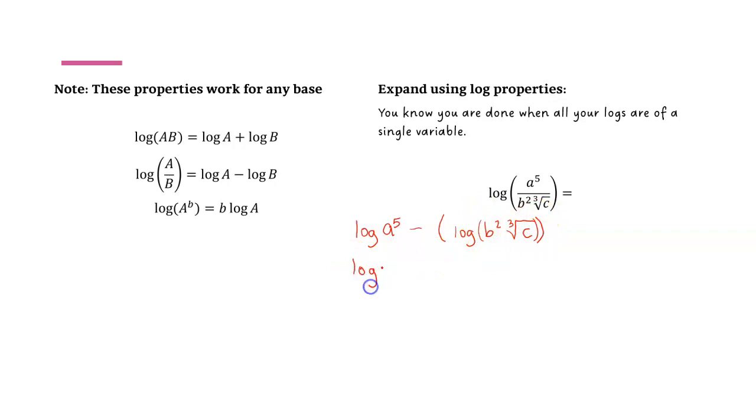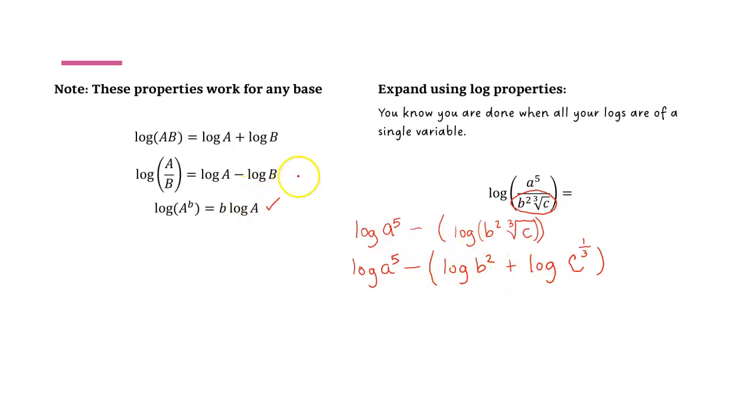So log of a to the 5th minus log of b squared plus log of, and I'm going to write this as an exponent because it's a root, so it's the same thing as c to the 1/3. Notice how this negative applies to the entire denominator. We're dividing by the entire denominator, so we would like to group that. Or if we want to, we can distribute the negative through.